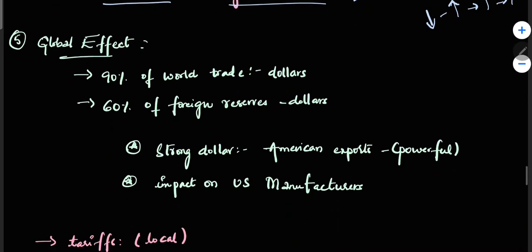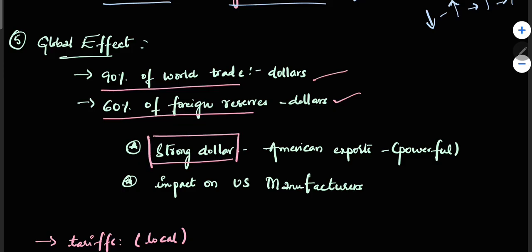And what is the global effect of the tariffs? 90% of world trade is done in dollars and 60% of foreign reserves are also in dollars. As the tariffs and things are all in dollars, it creates a strong dollar. When it is a strong dollar, American exports will be much costlier than before.